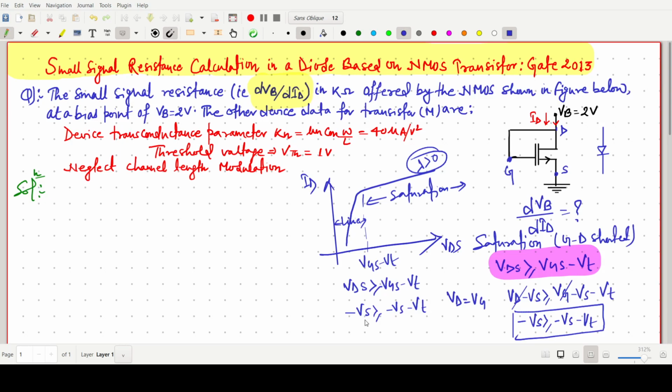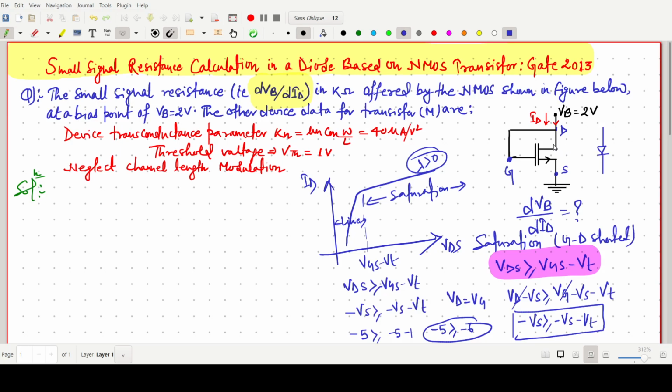For example, if we say VS is minus 5 volt, then minus 5 is always greater than minus 5 minus 1, that is, minus 5 is greater than or equal to minus 6. This is just an example, I am taking VS equal to minus 5. So this is the concept. The device is in the saturation region, and this transistor works as a diode.